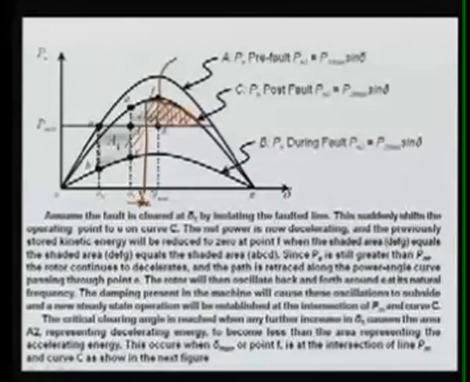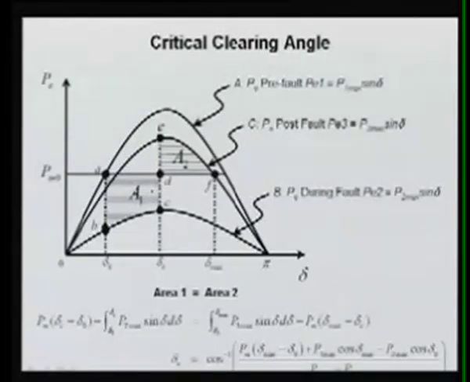So to calculate the critical clearing angle, I want to calculate this delta C at which this area up to this point, that is your PM line, area A2 will be equal to area A1. Then we can say our system is marginally stable, meaning beyond this angle, if the fault is cleared, your system is unstable.